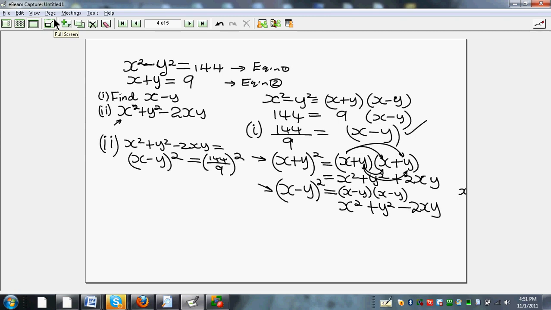And this is what they wanted us to find. This here is x minus y squared. We already know what x minus y is, so all we have to do is square it, and we'll get the answer that they want, whatever that works out to be. And that's the answer there. Just put it in the calculator, square it, and you get your answer.